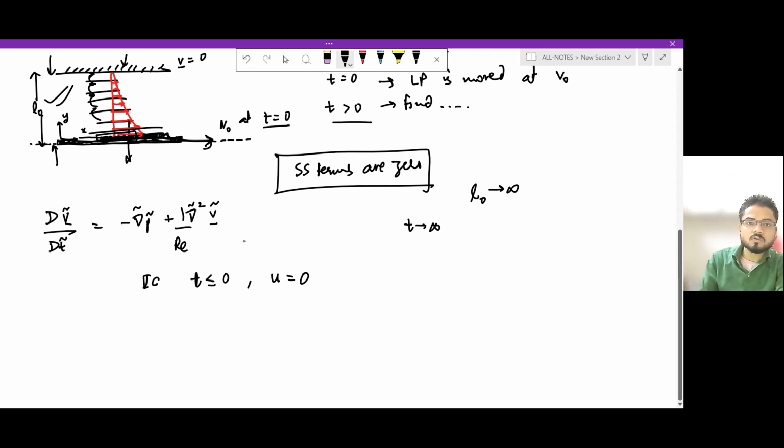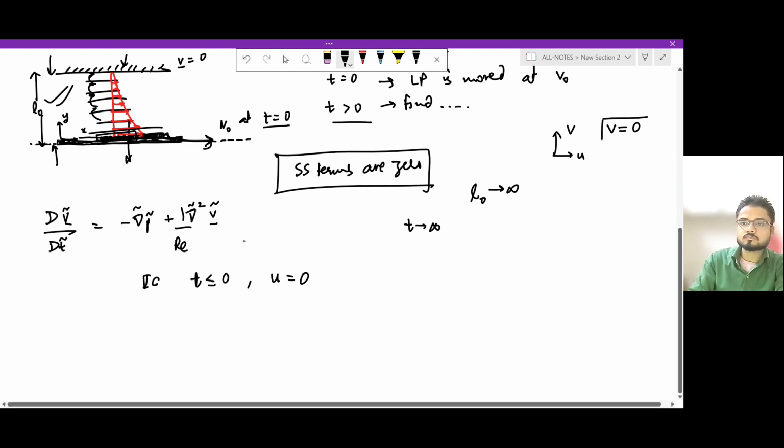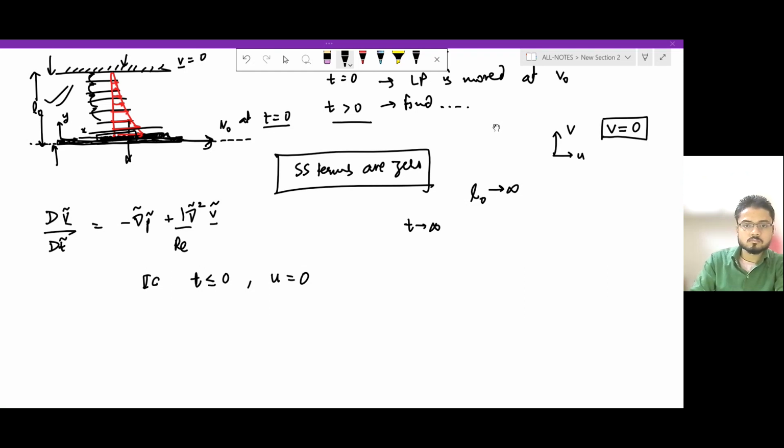So now what we are doing is, in the x direction you have u, and in the y direction you have v. So it is easy to observe that v equals 0, the reason being that there are no forces, no effects in the y direction. So that is why you can assume that v is identically 0.